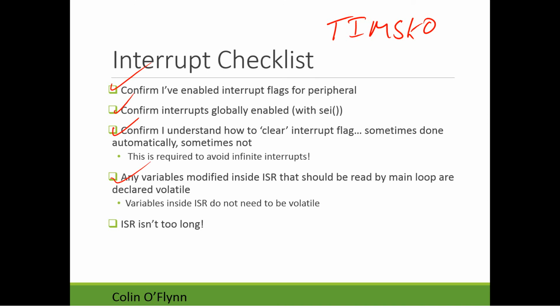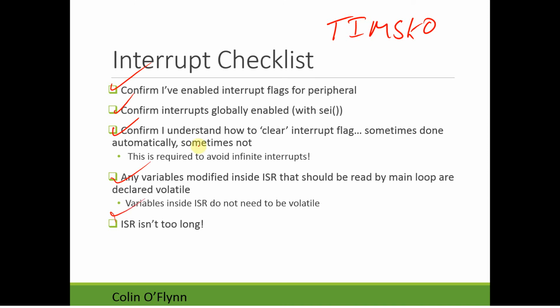And you want to check it's not too long. The problem with interrupts is your code's doing something else. Your code could be changing the direction you're driving, and in the middle of that, an interrupt can fire. Unless you explicitly disable it, it'll just fire any time. If you have this really long interrupt that's calculating pi to 20 digits and all this stuff, your robot's still just going to be spinning in circles while your interrupt's running.